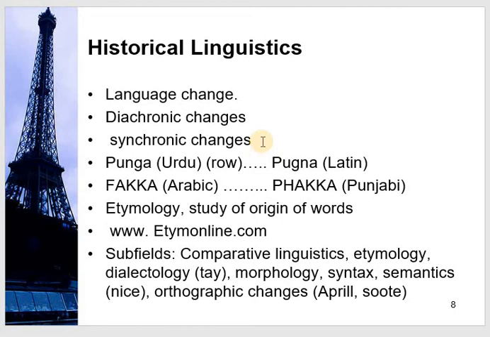In Arabic there is fakka. In Arabic grammar we study fakke idgham. Fakka means to cut something or to remove something and put it somewhere else. In Punjabi you find phakka. Phakka means you take a handful of sugar or something and throw it in your mouth.